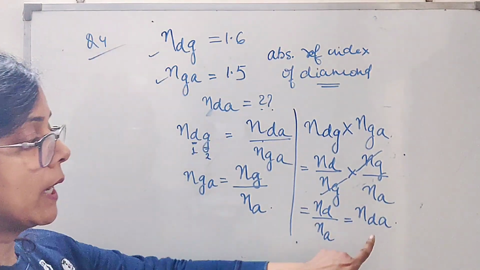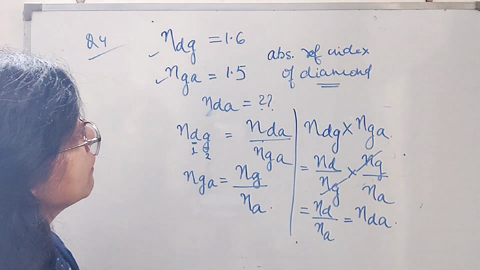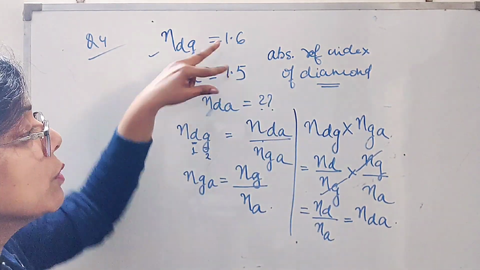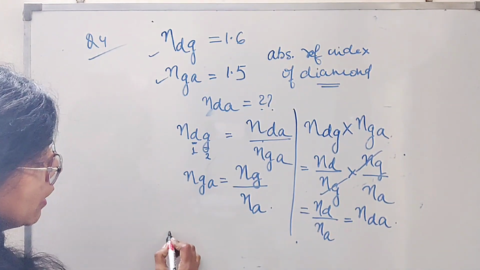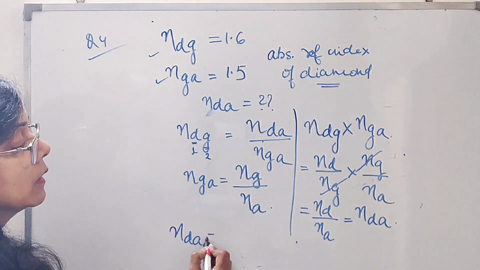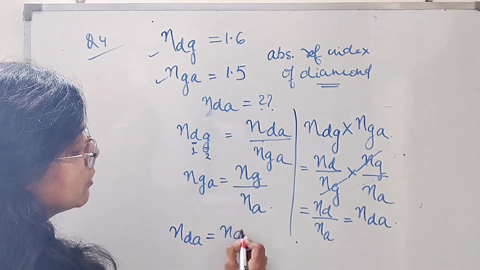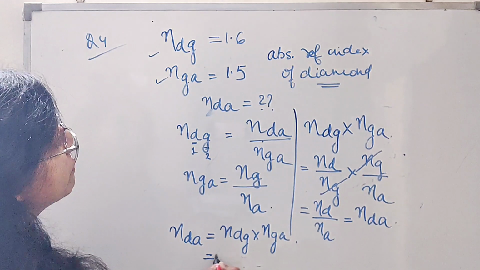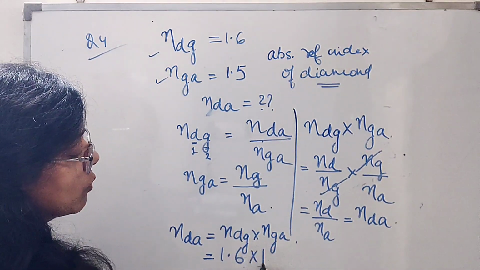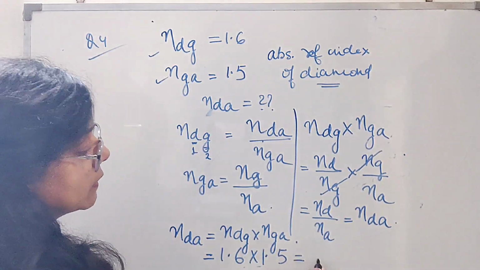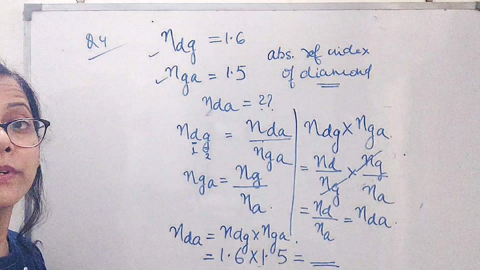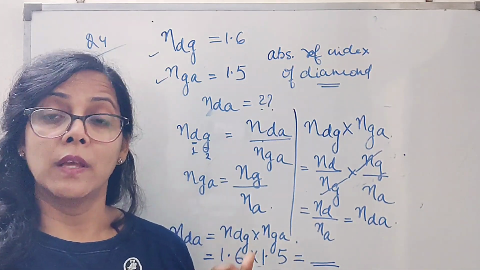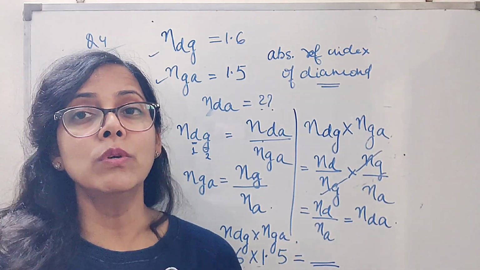So what I have to do in this question is multiply both the values which are given to me. For finding NDA, I multiply NDG into NGA. So your value will be 1.6 into 1.5. Multiply this and you will get your answer. And you know refractive index is unitless, so whenever you are finding refractive index, don't write any unit.